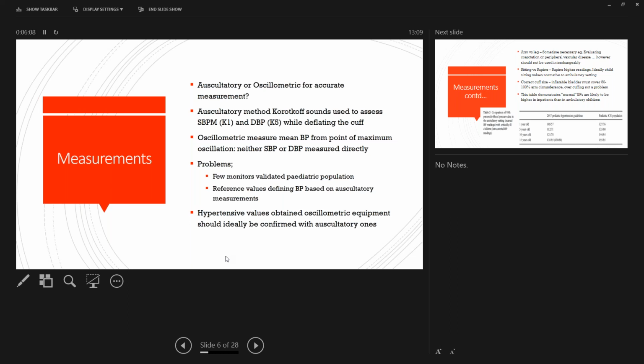Reference values defining blood pressures are actually then based on oscillatory measurements. Hypertensive values that are obtained using oscillometric equipment, so if you're getting measurements in practice of blood pressures over the 95th centile, you should confirm these with oscillatory ones. So whether that be manual Doppler, stethoscope, palpation, oscillatory measurements should then be attempted when obtained high readings on the automated.